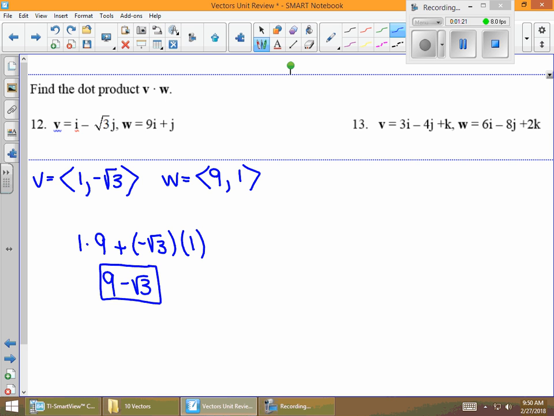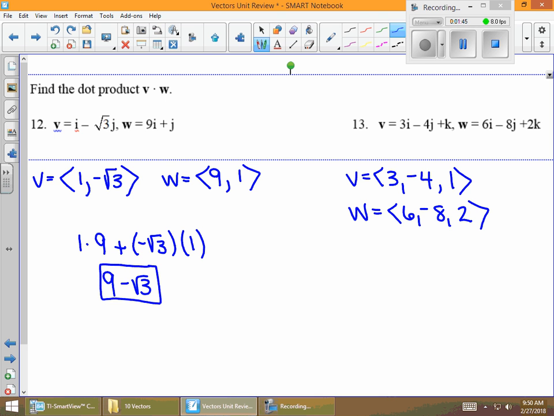We can do the same thing with our three-dimensional vectors. Our vector v here is 3, negative 4, and k, the coefficient of k there is 1. I'm just double checking to make sure I'm getting all of the negatives I need to here. W is 6, negative 8, and 2.